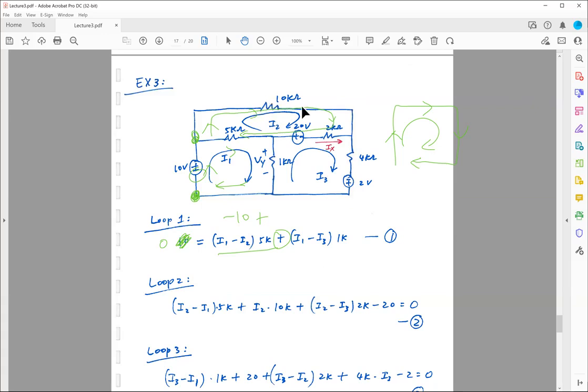So I2 times 10K, so over here. Keep going to the right, I don't see anything. I keep going down, following the path, I don't see anything. But now I'm going to the left, so now I see something, this 2K. But we know that this 2K is shared between I2 and I3, so I need to take I2 minus I3 bracket times 2K.